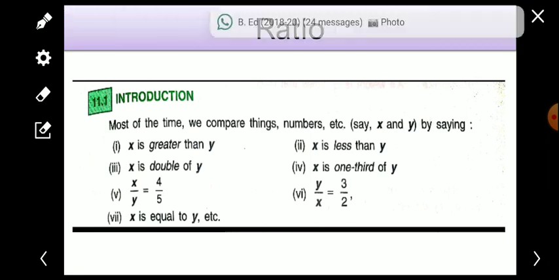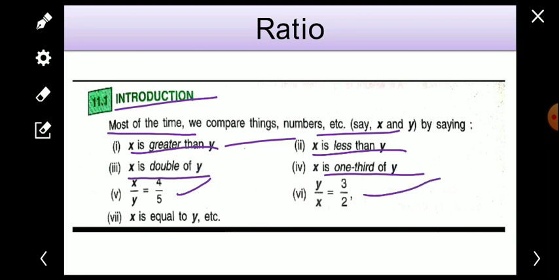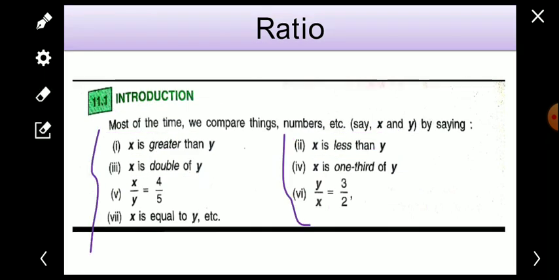First, we'll talk about the introduction, that most of the time we compare things like x is greater than y, x is less than y, x is double of y, x is one third of y, or x by y is equal to 4 by 5, y by x is equal to 3 by 2, or x is equal to y. Means we compare the things in these manners.